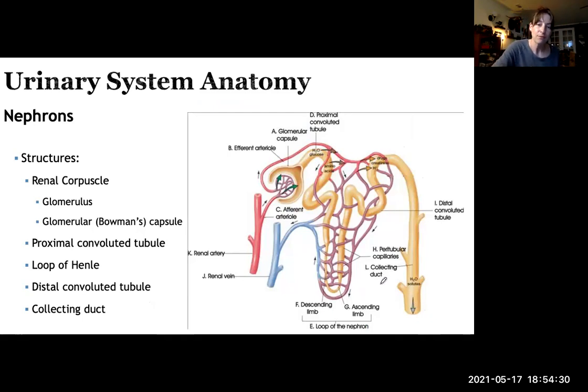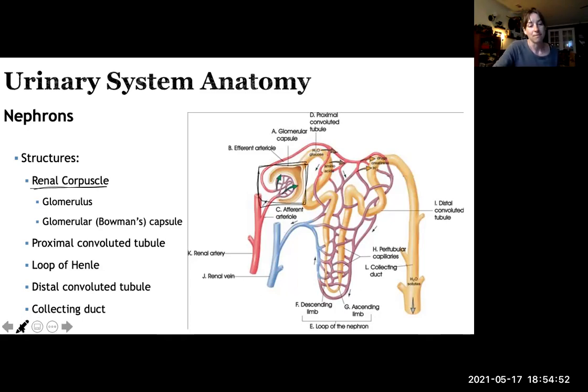Okay, this capsule, this round part up here at the front of the nephron, is called the renal corpuscle. Okay, the renal corpuscle is this whole shebang here, okay?